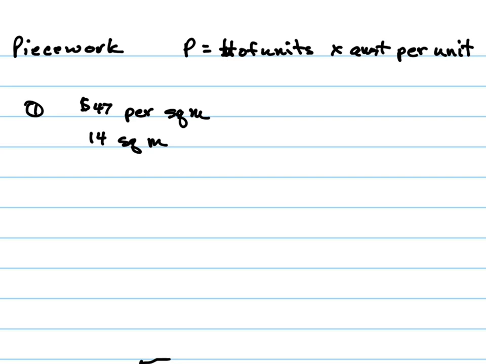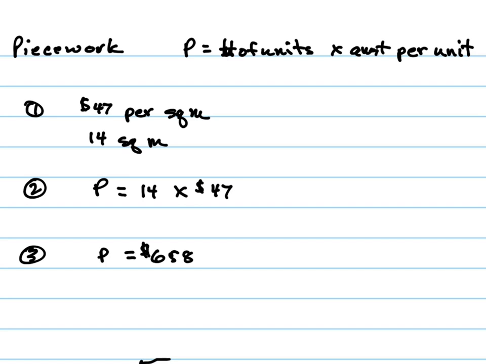All right, so our piecework formula, substituting into that, our amount that we're going to earn for piecework is the number of units, so in this case 14, times the amount that he makes per unit, which in this case is 47, which gives us that his piecework amount is $658.